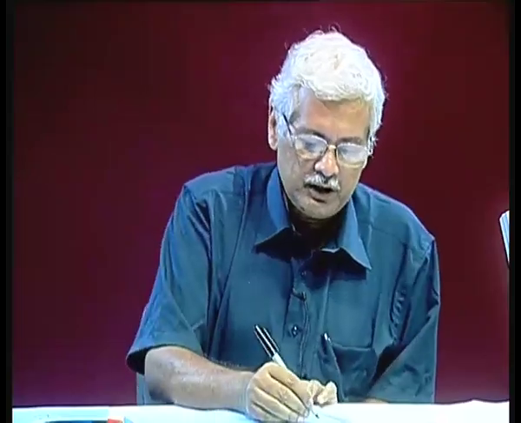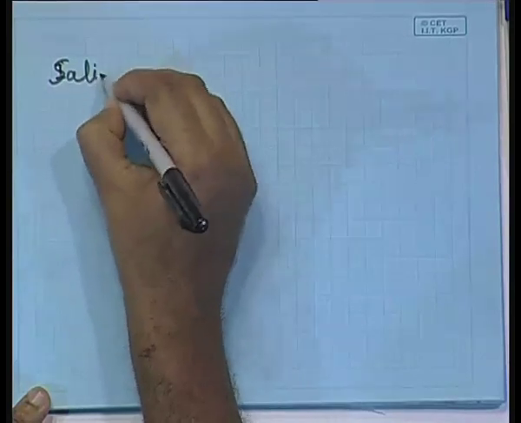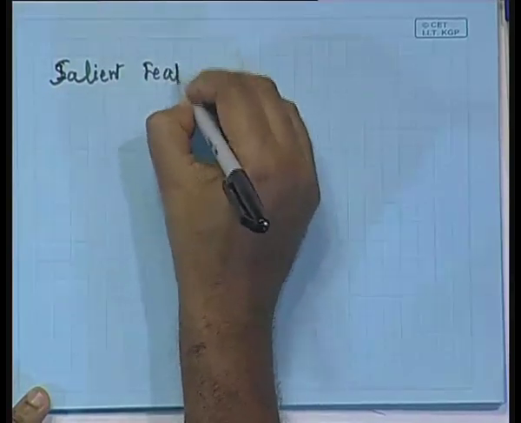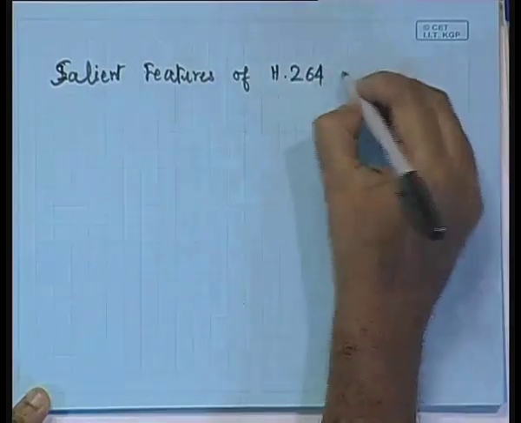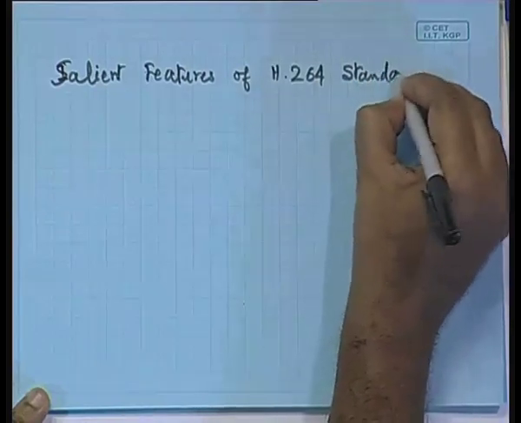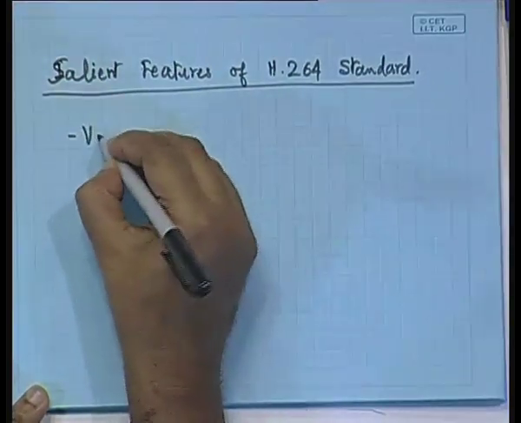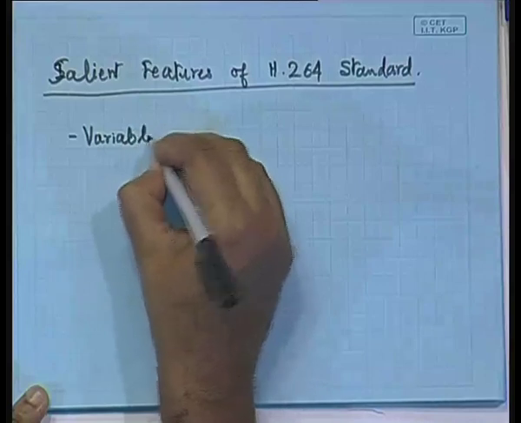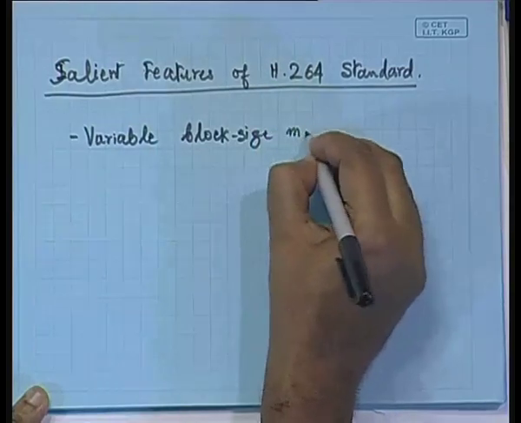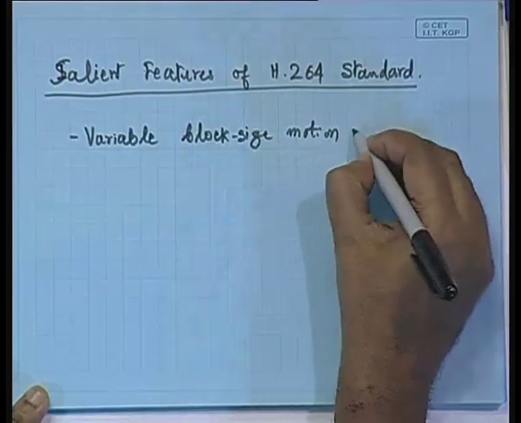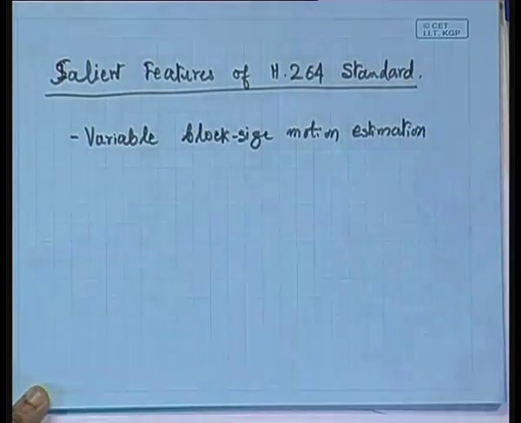So, now the improvement, so the salient features. Let us list out the salient features of the H.264 standard. The first is that it has a variable block size motion estimation. Now, this is a very important issue, which I need to elaborate.